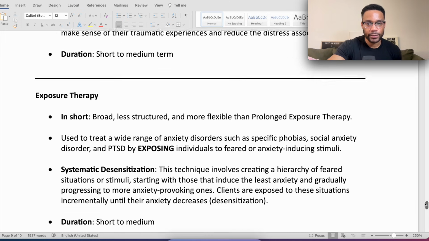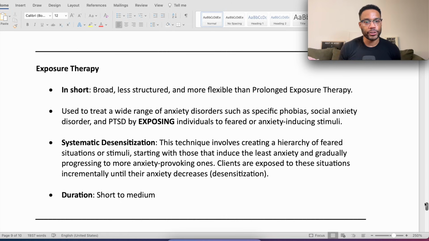Exposure therapy, in short, is broad, less structured, and more flexible than prolonged exposure therapy. It is used to treat a wide range of anxiety disorders such as specific phobias, social anxiety disorder, and PTSD by exposing individuals to feared or anxiety-inducing stimuli.